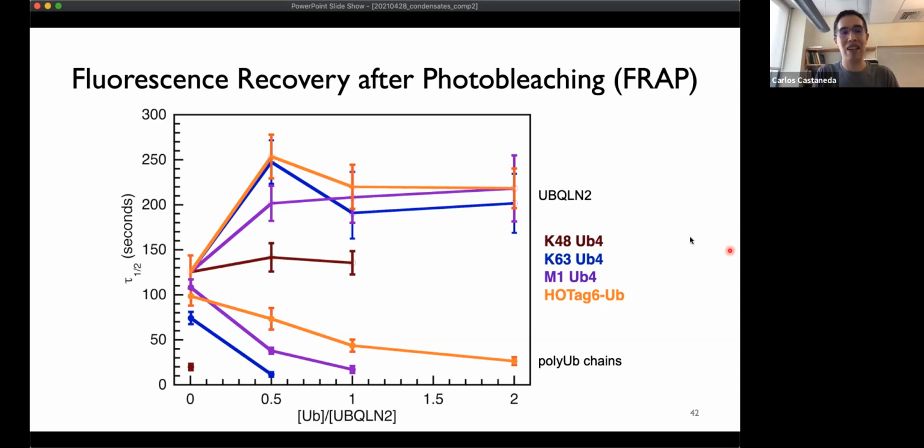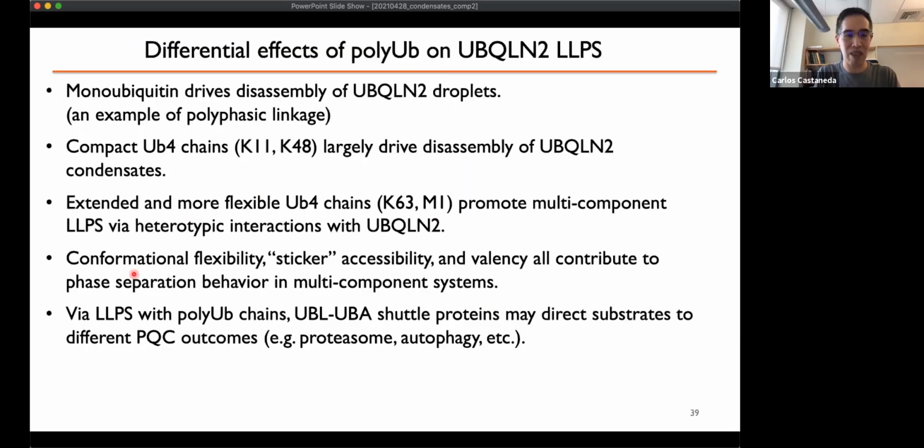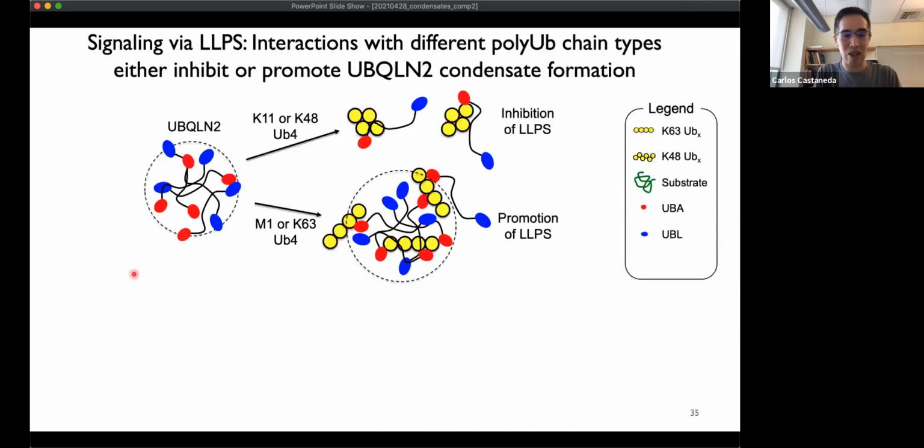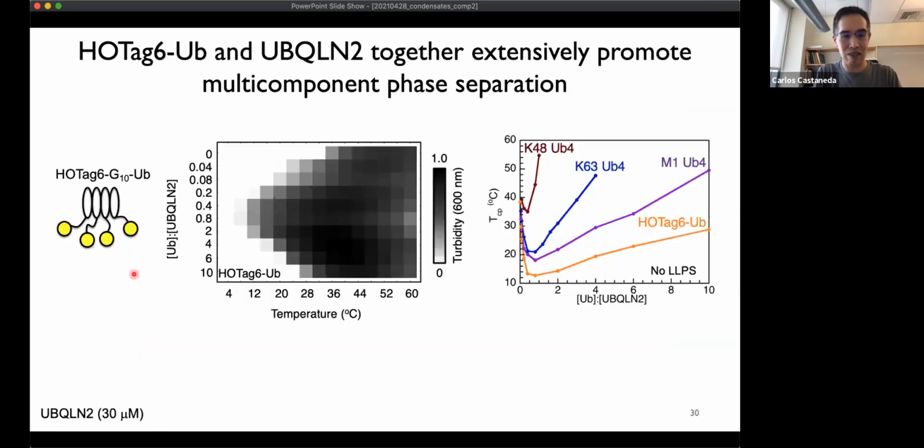Let me see if I can get to this point. Yeah. So if you're looking at this, for instance, right, here we've made it really broad, like with M1 or like this HOTAG system, multi-mono-ubiquitin system. Maybe if you had K48, K63, you could change the brown and the blue lines so that it's sort of in between, or maybe it's a sharper transition potentially, right?